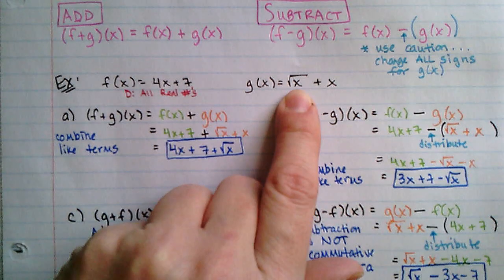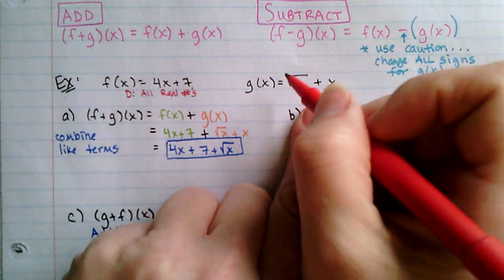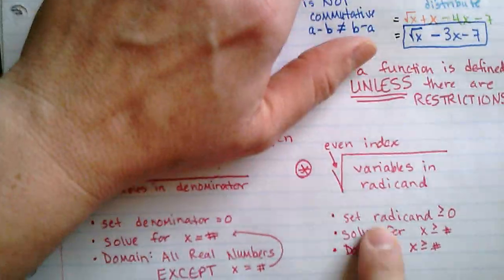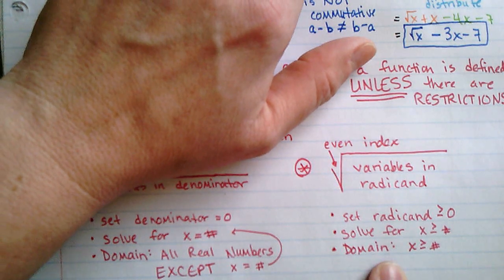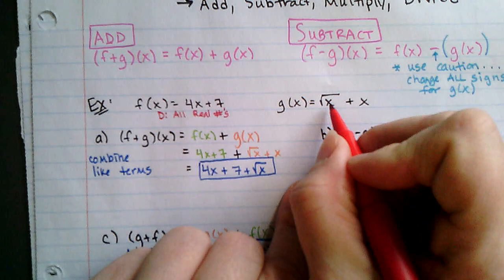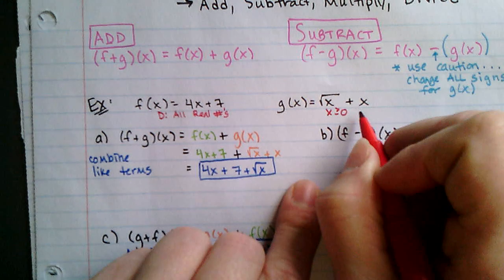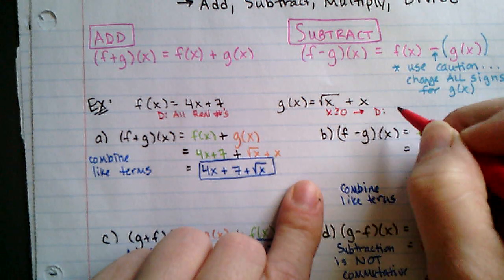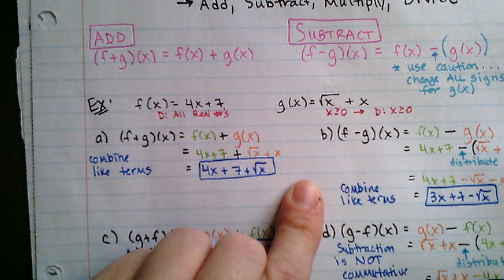G of x does have a radicand with variables in it with an even index. So what we're going to do is we're going to set that radicand greater than or equal to 0, and that will be our domain. So we take the radicand, which is x, set it greater than or equal to 0. There's no solving to be done there, so that just tells me that my domain would be x is greater than or equal to 0.